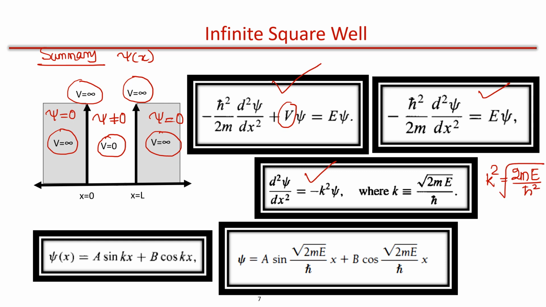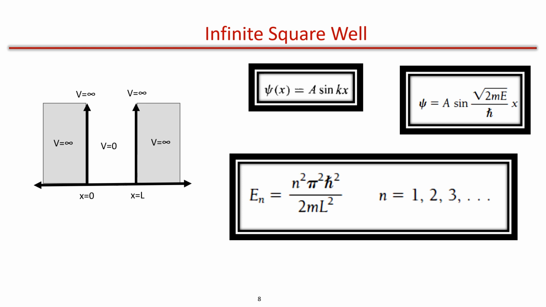The general solution of this equation is psi x is equal to a sin kx plus b cos kx. If we put the value of k, it will look like this. Again, from the boundary condition, we have found out that the value of b is equal to 0 and hence psi x is equal to a sin kx.